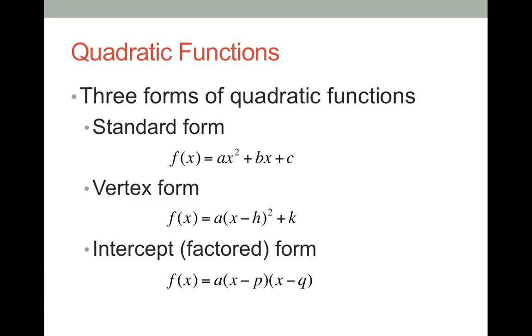And then there's the intercept or factored form, which is f of x equals a times x minus p times x minus q. All three of these forms serve different needs at different times, and so we need to be able to use all three of them to graph and to write equations.